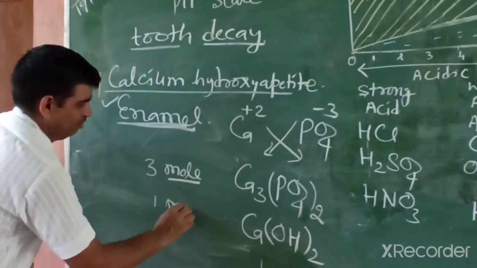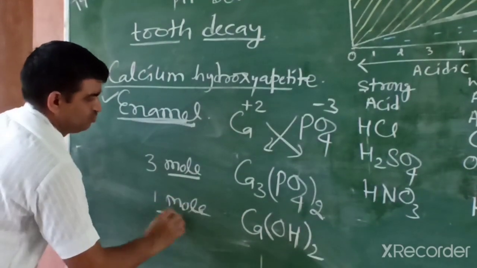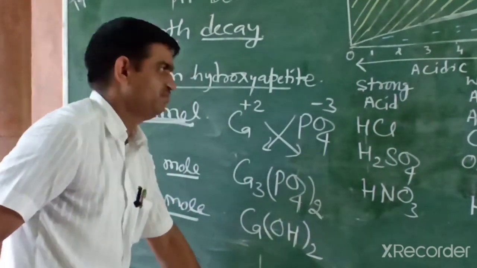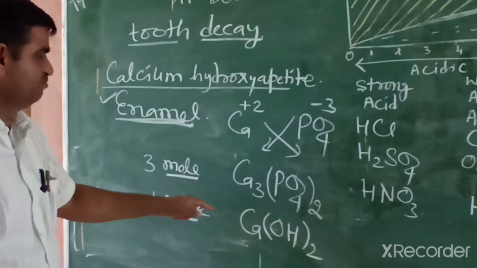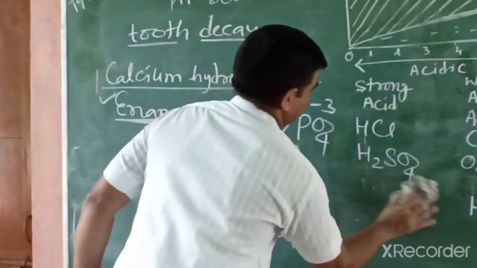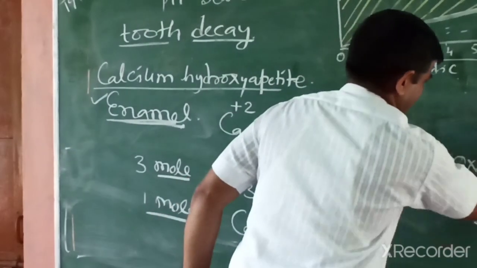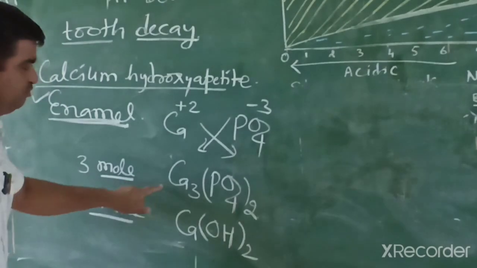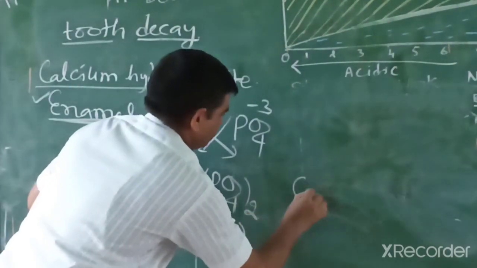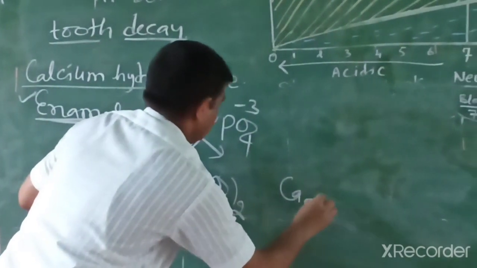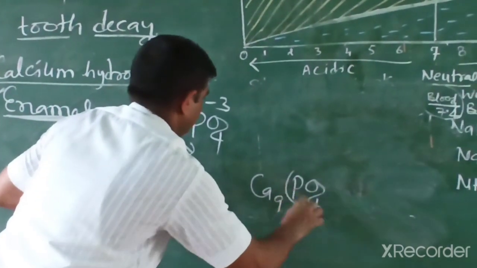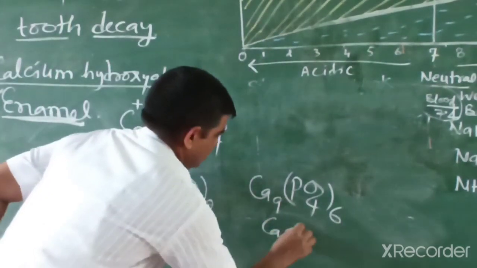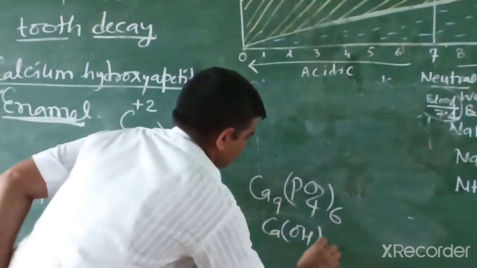So how can we write their combined formula? With 3 moles and 1 mole, if you multiply by 3, then you get Ca9(PO4)6. And the other one is calcium hydroxide.